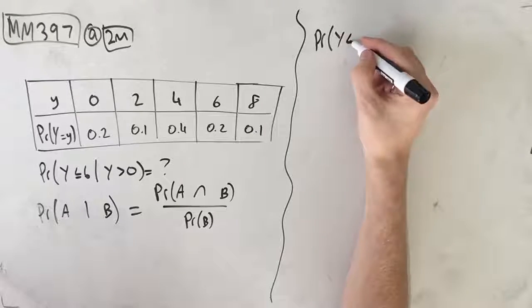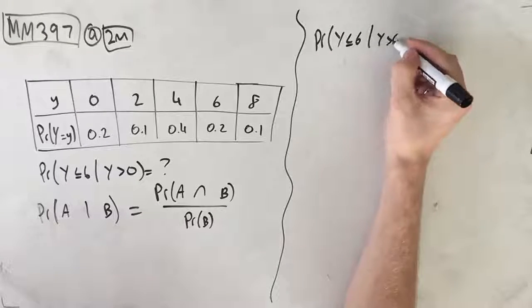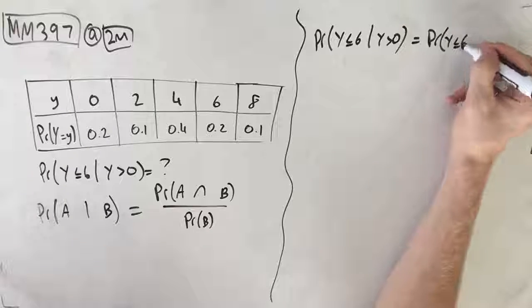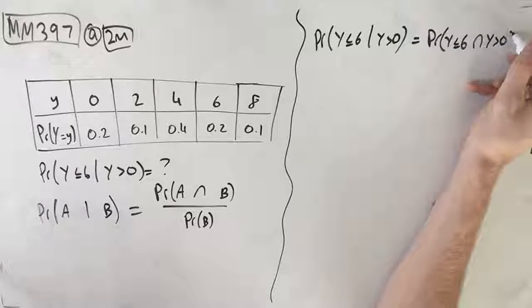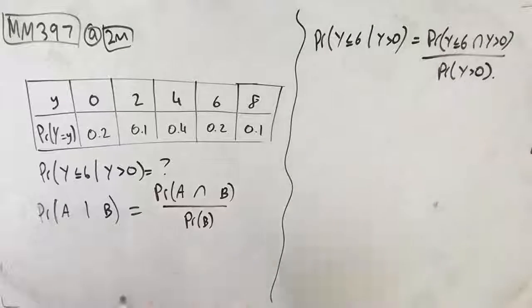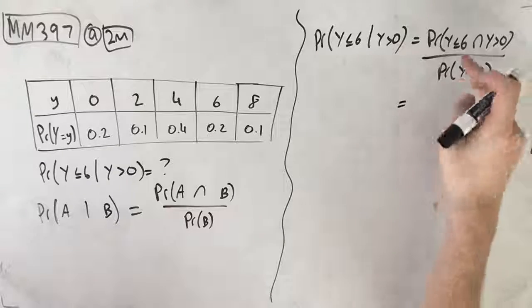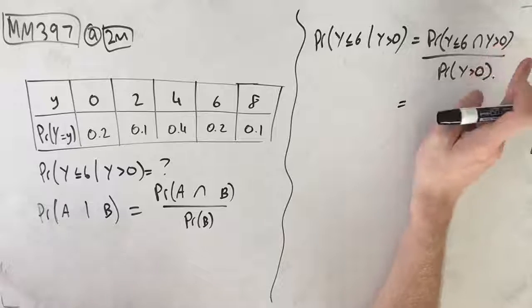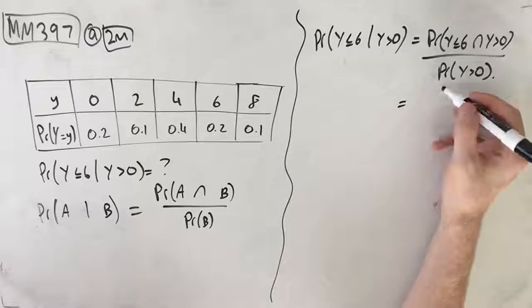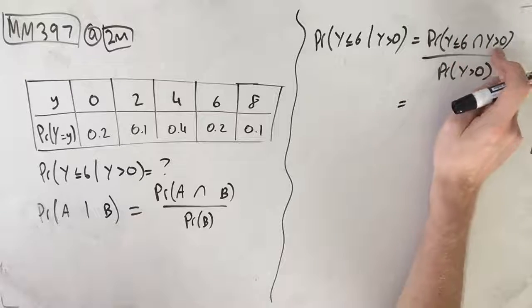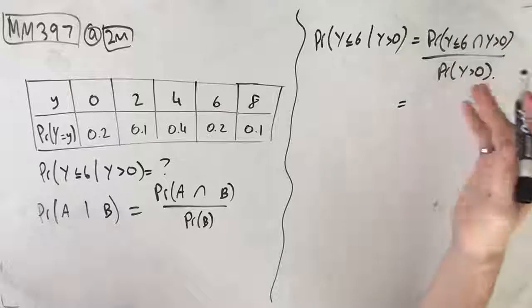So we've got the probability of y is less than or equal to 6 given that y is greater than 0, which means we've got the intersect of these two things over the probability that y is greater than 0. Awesome. So what is the intersect between y is less than or equal to 6 and y is greater than 0? Well, we've got an equals sign with this 6, so we have to include the 6, but we don't have an equals sign with the 0, so we don't have to include the 0.